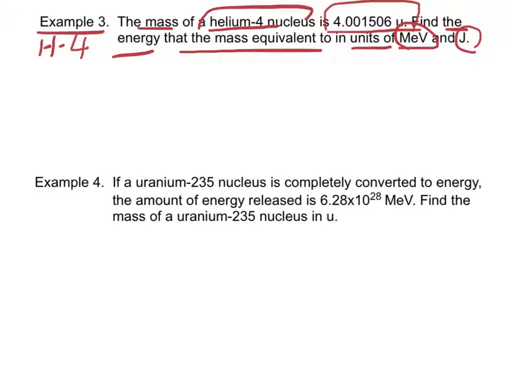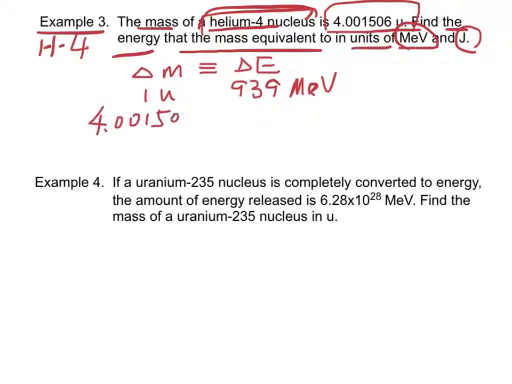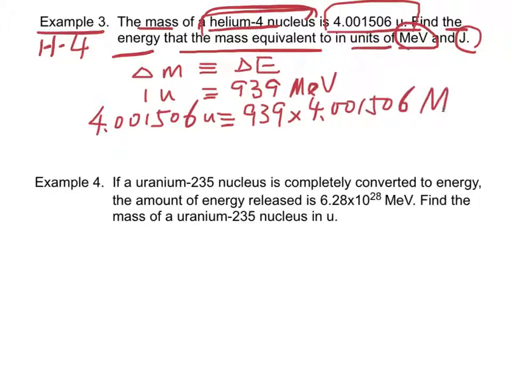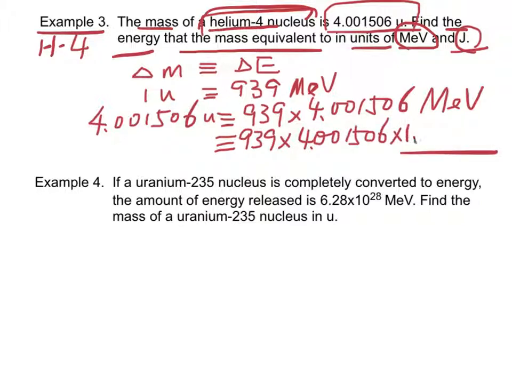Since a mass defect of 1 U is equivalent to an energy release of about 939 MeV, therefore for the helium-4 nucleus, its mass is 4.001506 U, which is equivalent to an energy release of 939 times 4.001506 MeV, and is equivalent to an energy released in units of joules, which is 939 times 4.001506 times 1.6 times 10 to the power negative 19 times 10 to the power 6 joules.